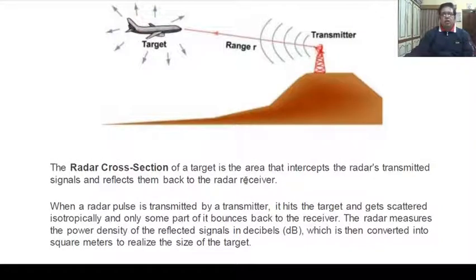From this figure we can easily understand what RCS is: the area that intercepts the radar's transmitted signals and reflects them back to the radar receiver.